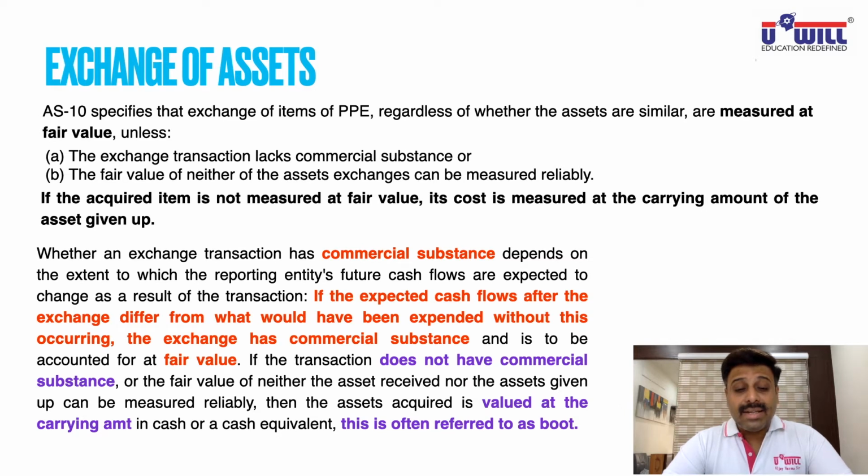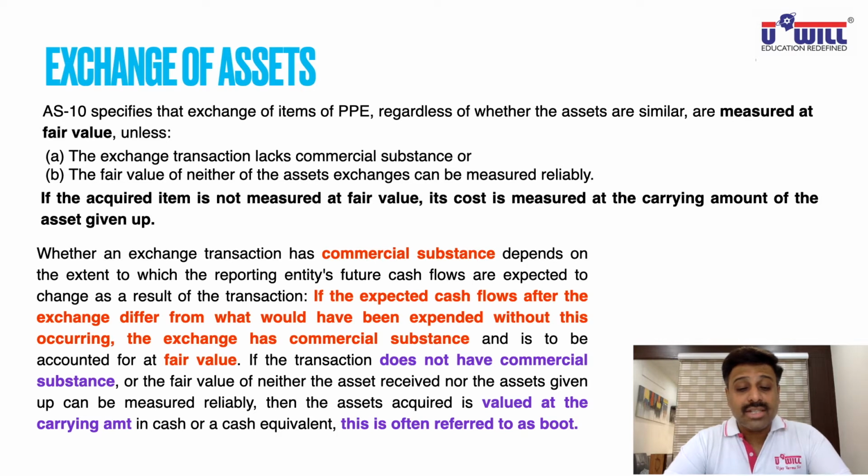If the expected cash flows after the exchange differ from what would have been expended without this occurring, the exchange has commercial substance and is to be accounted for at fair value. Means the expected cash flows should be more than what you are spending. The expected benefit from the asset should be more than the value of the asset you are buying. Then you can say it has commercial substance and it will be measured at the fair value.